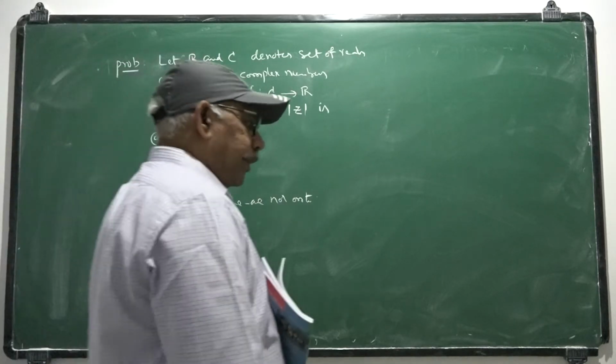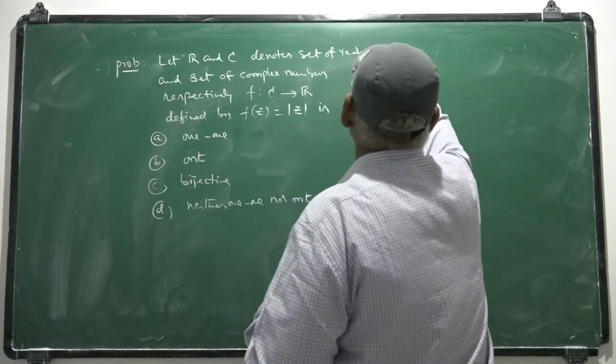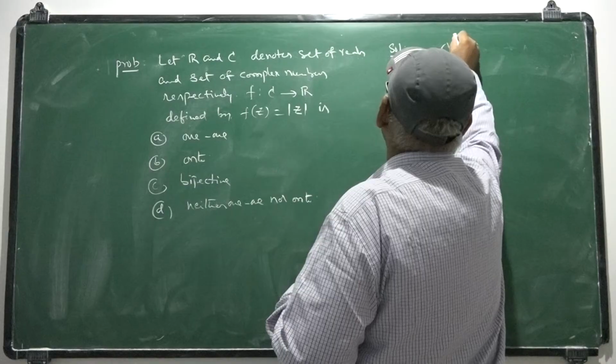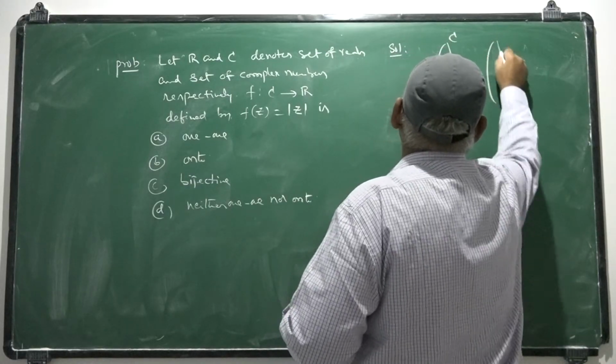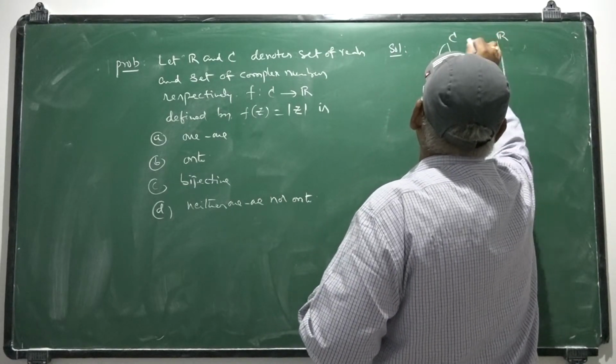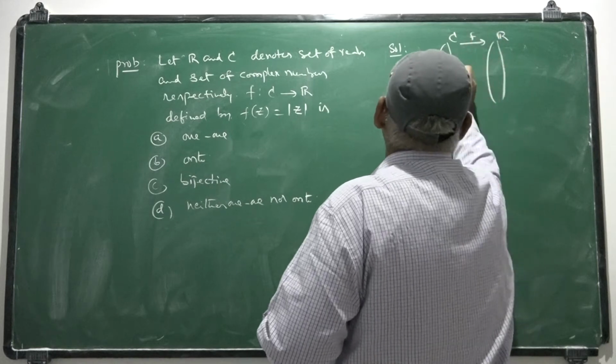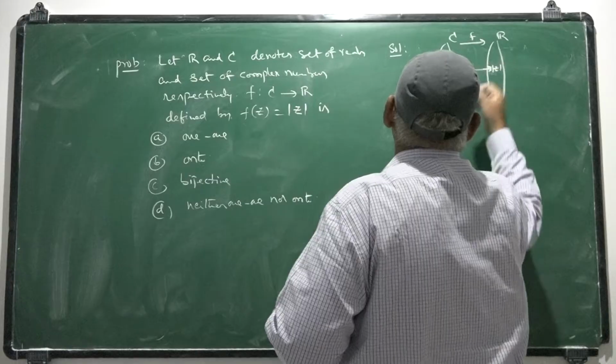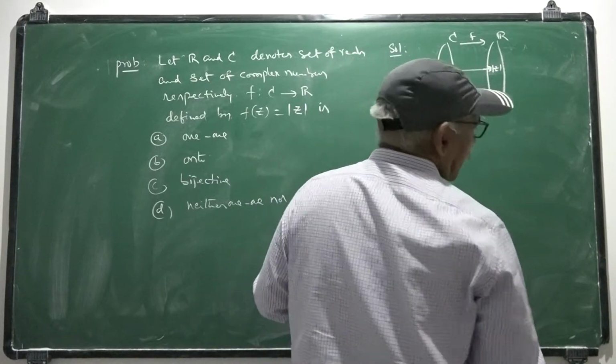The function is defined from the set of complex numbers to the set of real numbers, so that z is mapped to mod z itself.